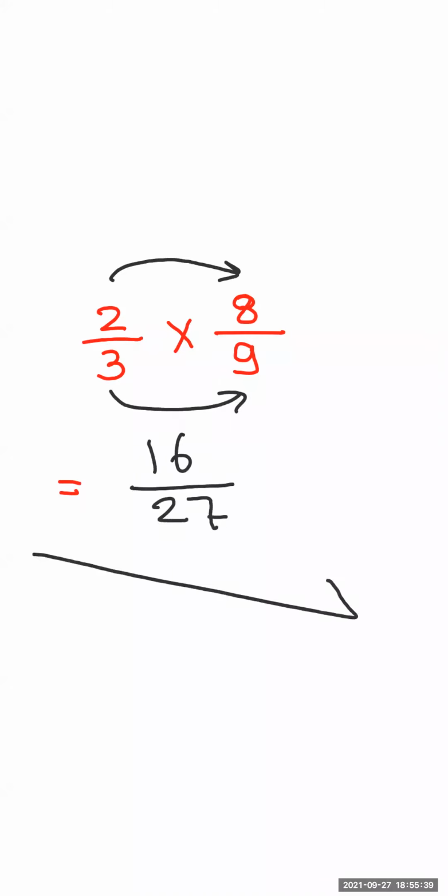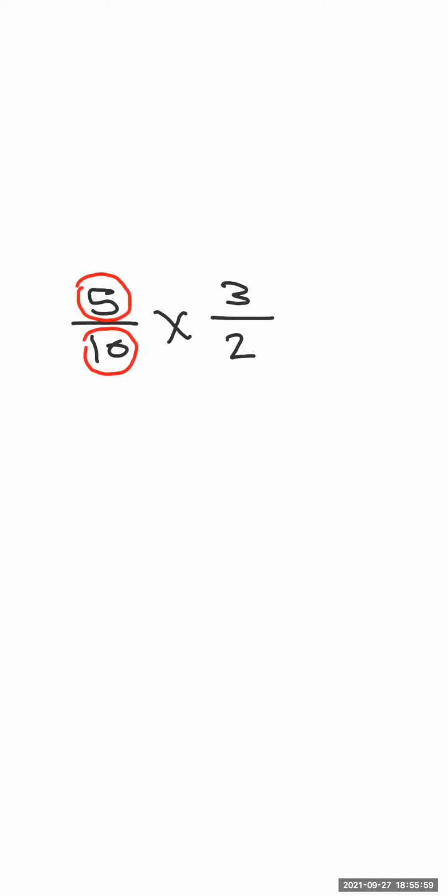That's it. Okay, then if the numbers are like that, guys, if it's 5 over 10 times 3 over 2. So in this question, guys, we said that we will simplify a number from the numerator with a number on the denominator. So we can simplify 5 and 10 because both of them are divisible by 5.